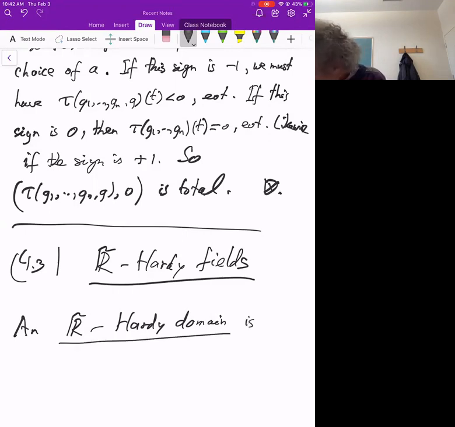It is an R tilde domain whose germs are C1, that is, D is contained in C1.